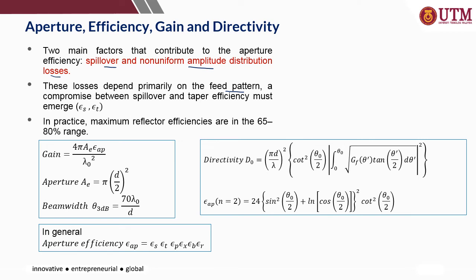Right, we can calculate the gain of the parabolic antenna by using this equation, in which A_e is the aperture dimension, the aperture of the parabolic reflector, and D is the diameter of the reflector.